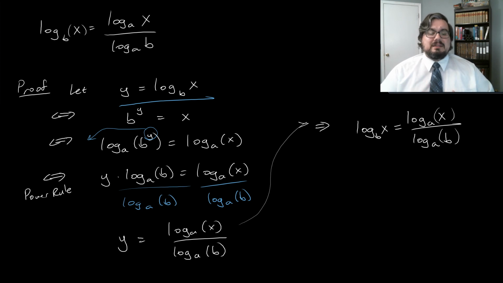It shows that we can compute or approximate any logarithm we like using the change of base formula by changing it into a logarithm that we can evaluate in a calculator. And those are all of the properties of logarithms that wind up being important in many of the applications that we use logarithms for.